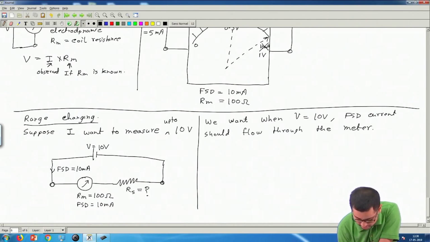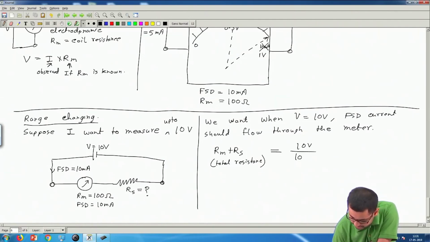The total resistance of the circuit, which is Rm plus Rs, should be 10 volt divided by 10 milliampere. This will come out to be 1 kilo ohm or 1000 ohm.